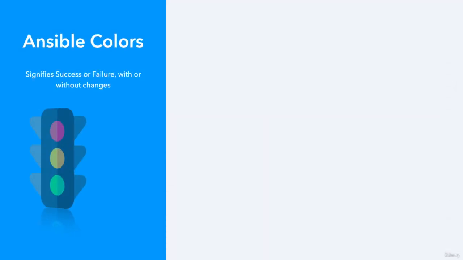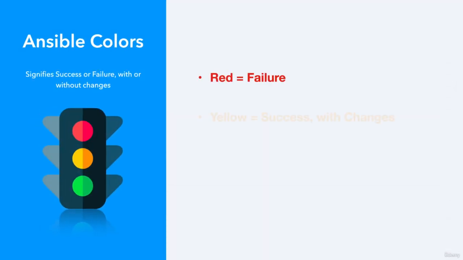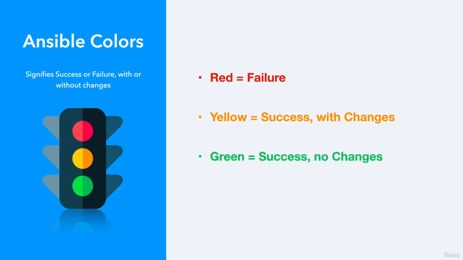When we ran our command, you may have noticed that the output was yellow. Ansible uses the following color schemes for its output: failure in red, success in green, and changes with success in yellow.